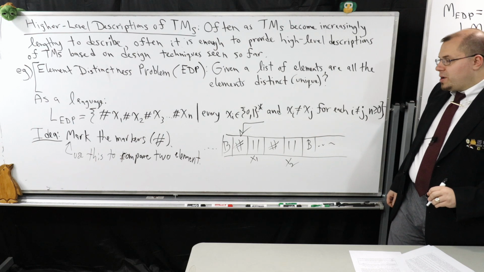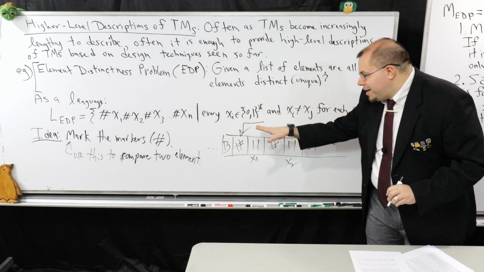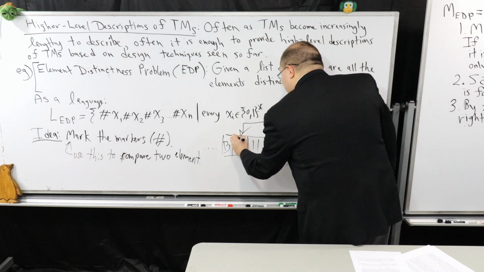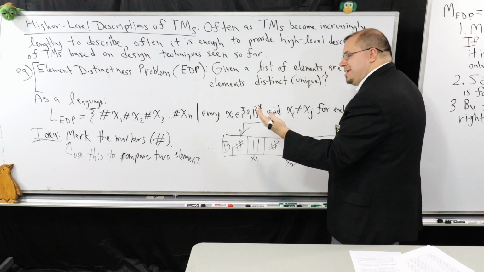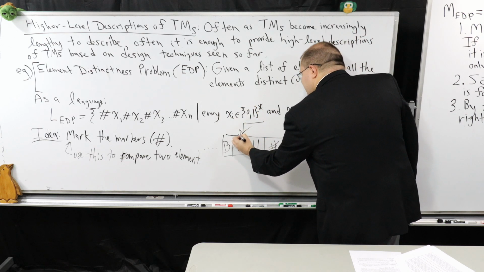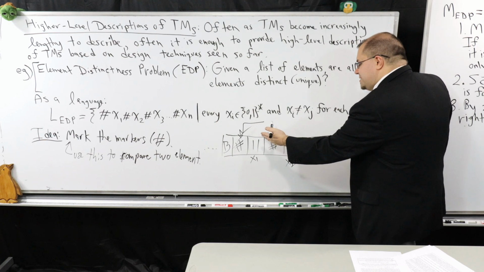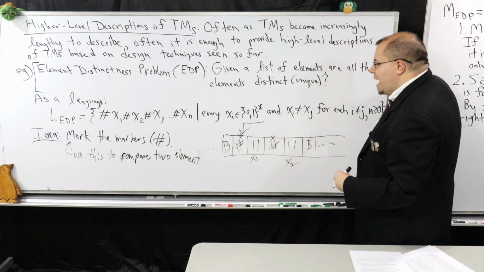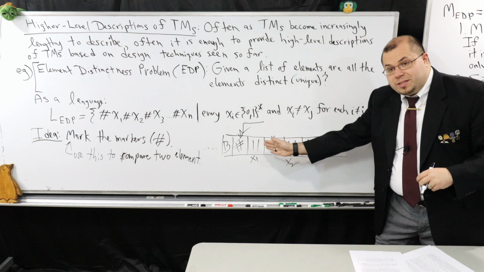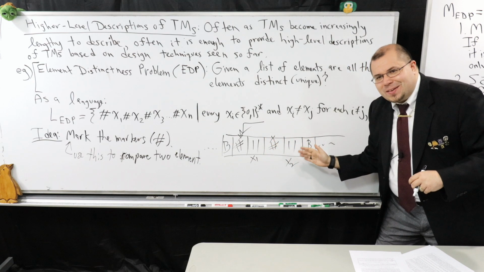When I say that, I'm looking at the leading number sign. So what'll happen is I'll start off by marking, for example, this one. I may put another symbol on top of here, some other symbol that's among the tape symbols. Some mark is going to happen here, and I'll try to see if there's another element. If there's another element, I'll mark that one. And then once I know where these 2 markers are, I have to check if they're equal or not, right?